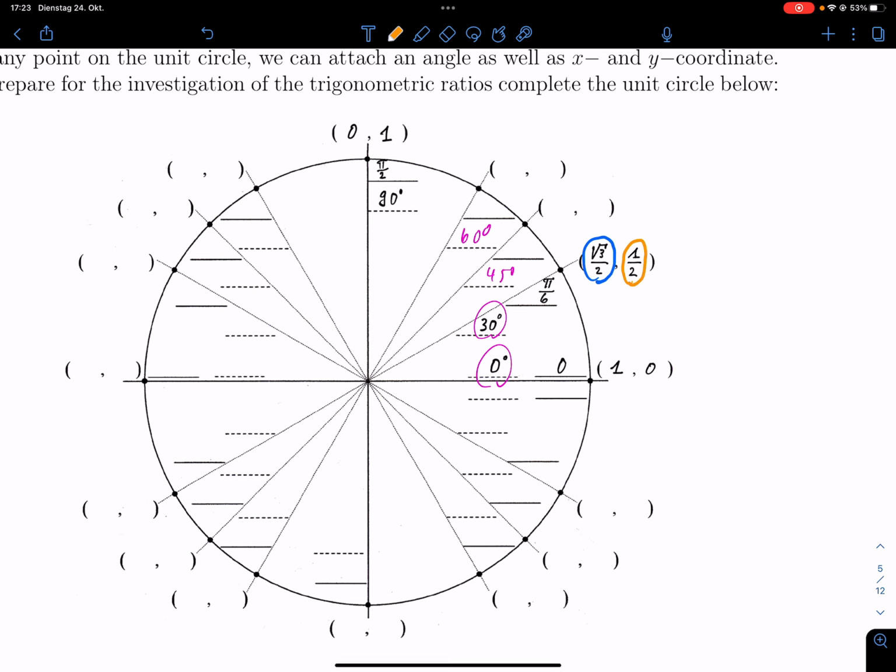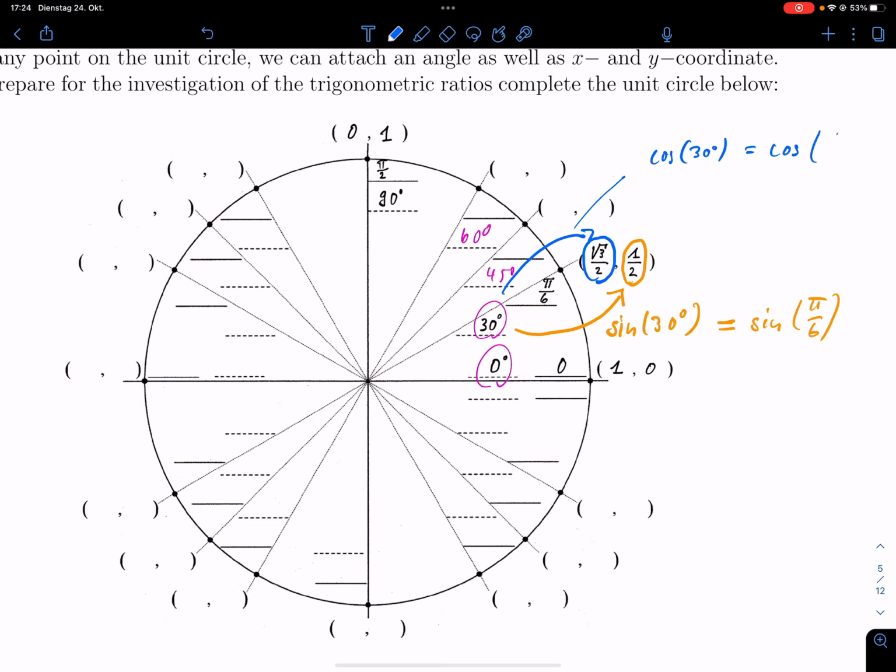And this here is always the sine or the cosine of the angle. So here this is sine of 30, or if you have the calculator in radian, this is sine of pi over 6. Same for the other value here. This here is cosine of 30 degrees, or it's also equal to cosine of pi over 6 in radian.